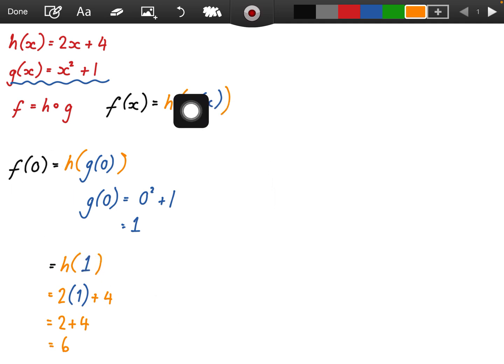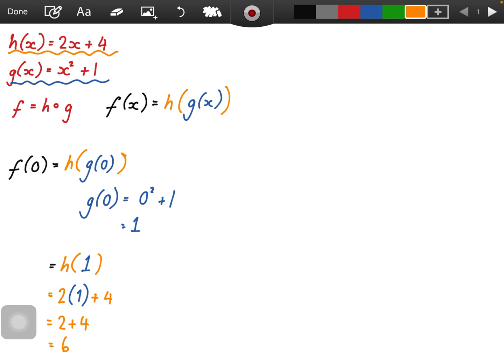So another way we could do it is, before we start individually putting every number first into g, and then going on to h with that output, we could also come up with f as a function in itself. How I would do that: well, we said h is 2x plus 4.